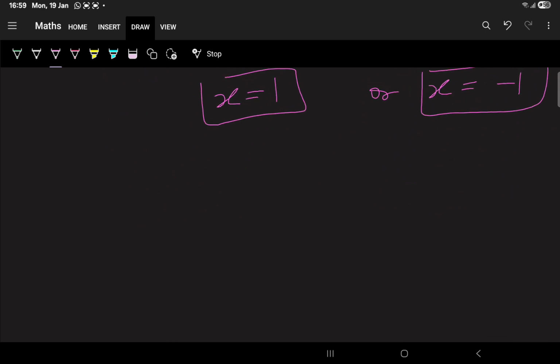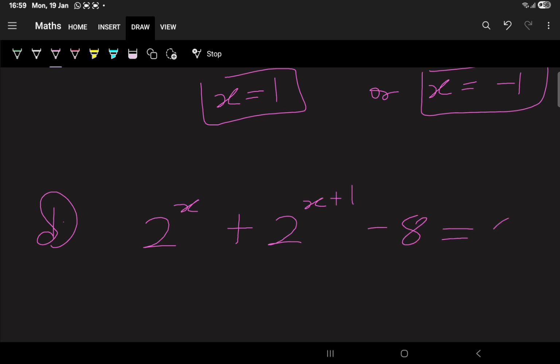Now the exercise question that I'm giving is 2 to the power of 2x plus 2 to the power of x plus 1 minus 8 equals 0. Sorry, there's a 2 here. And I'm going to give the answers so you know if you're correct or not.